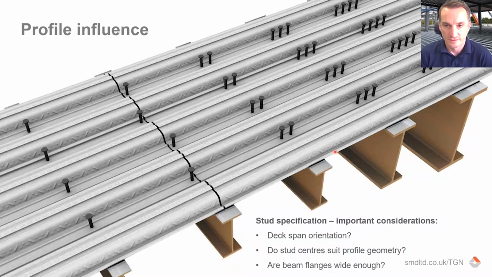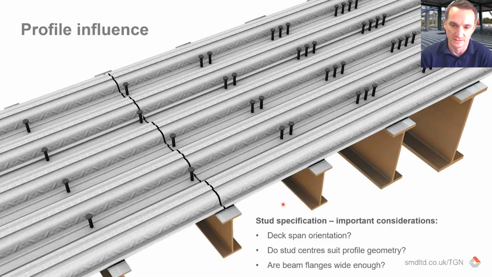A bit more on profile influence, or a slightly better image really: when you start to look at single stud to double stud to maybe more than 2 studs, you start to need wider beams. So I mentioned the 30mm from stud to the edge of the beam at the very start. And as you pair up studs, you have a minimum distance between those studs, and a minimum distance between the stud and the edge of the beam.